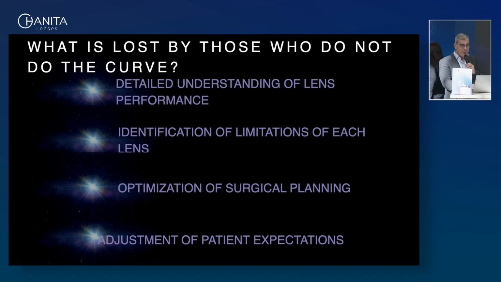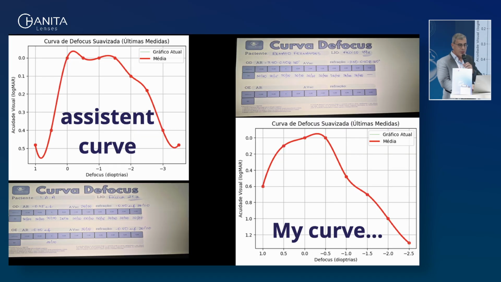And it's very important. Do you remember when I showed my assistant's curve and my curve? When I show an unhappy patient his defocus curve, and I show my 21-year-old assistant's, and the patient who is 70, 75, sees that his curve is much more similar to my 21-year-old assistant's than to my own presbyopic curve, it makes the patient less unhappy with the results.